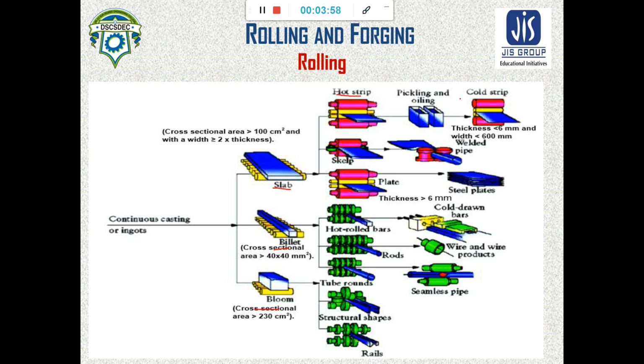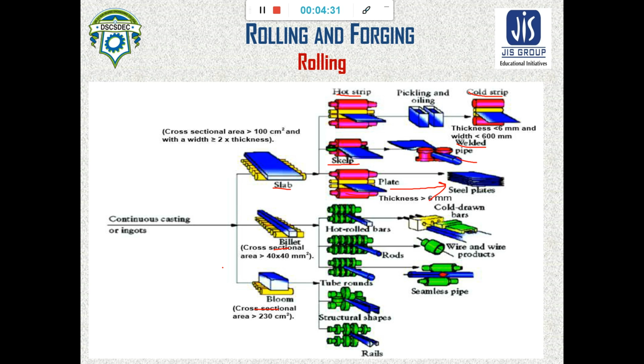After hot strip, by cooling, we can make cold strip. We can also make scalp, and from the scalp we can make welded pipe. And from slab, we can make plate. And if the plate thickness is reduced again, we can make steel plates and sheets.